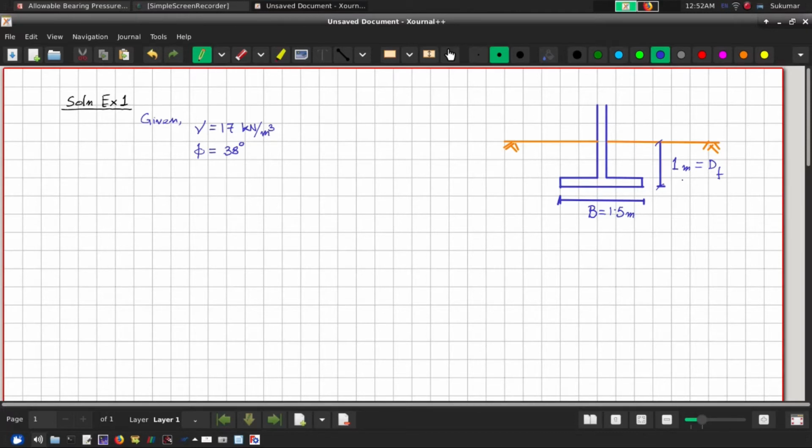Okay, and the given value of gamma is 17, phi is 38 degree, and therefore if I use the equations for the bearing capacity factors, then I get N phi, which is tan square of (45 plus phi by 2). Using phi equal to 38 degree, we get this value as 4.2037.